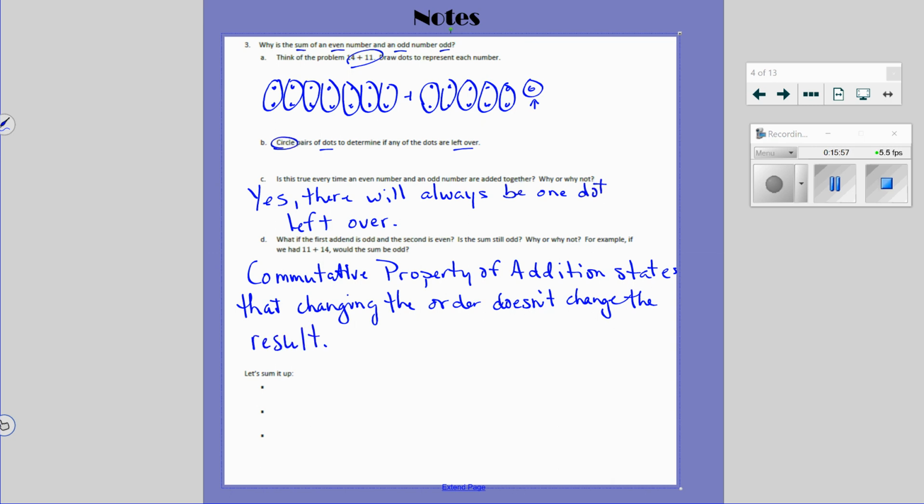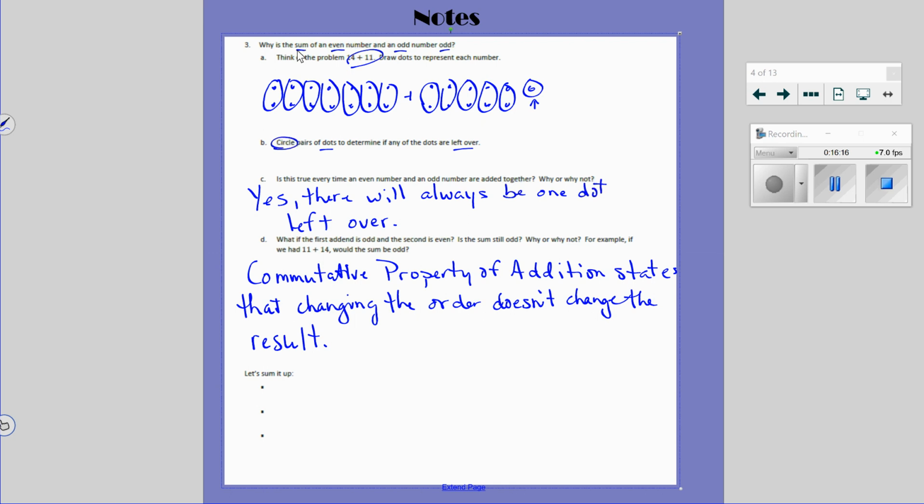So regardless of which way I add them, it's still going to be odd. It just means that the one with the lone dot is now the first number instead of the second one. Commutative. Nope, there's no N.